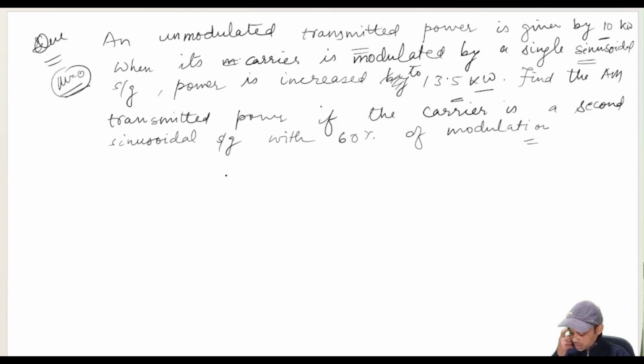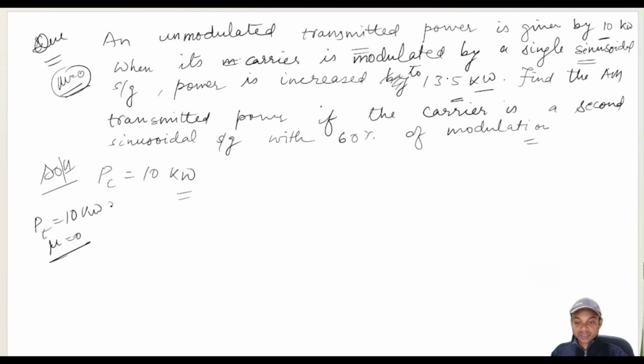I hope the question is clear. Here PC is given as 10 kilowatt, because PT is 10 kilowatt when mu equal to 0. It means that at that time PT equals PC.